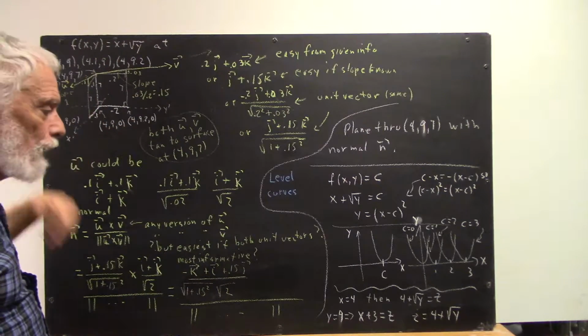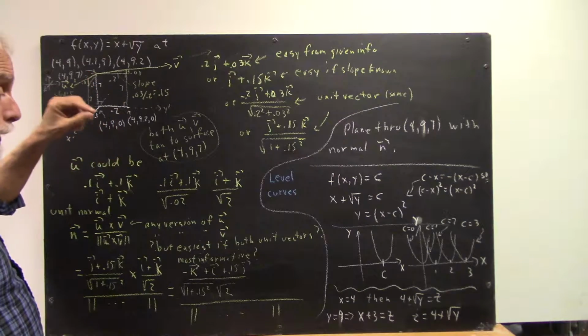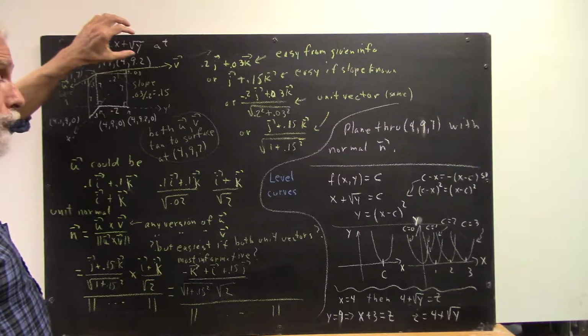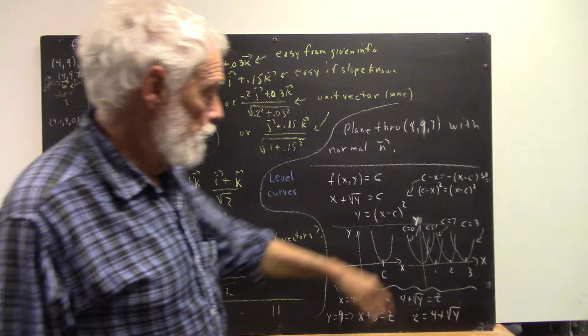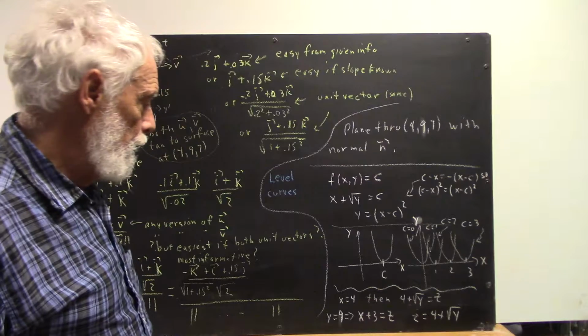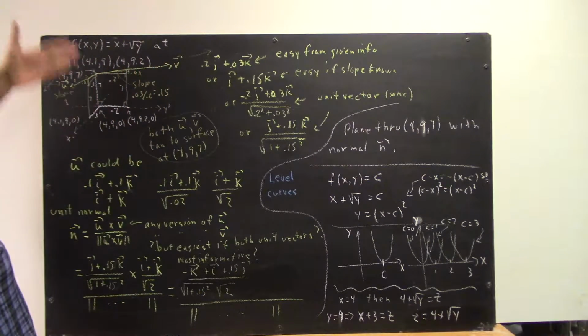The value of the function is the z coordinate, so since when x equals 4, the value of the function is 4 plus the square root of y, we say that the z coordinate will be 4 plus the square root of y. And then similarly, when y equals 9, then we're in this plane.